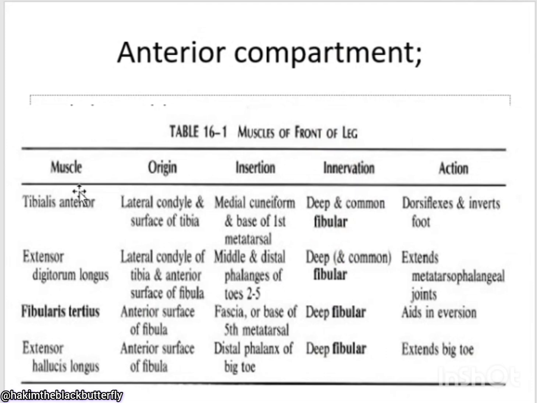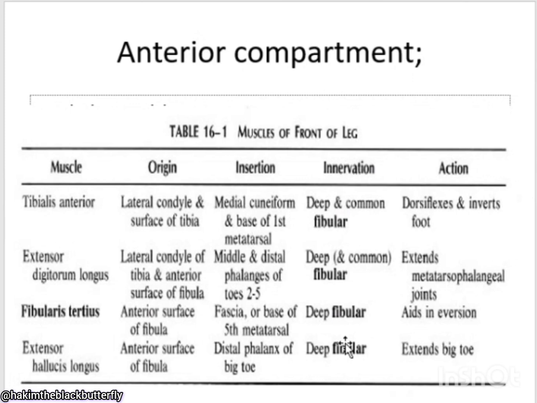So these are the muscles of the anterior compartment of the leg. And as you're seeing, they are supplied by the deep branch of the common peroneal nerve. Now, the common peroneal nerve sometimes is known as the common fibular nerve.